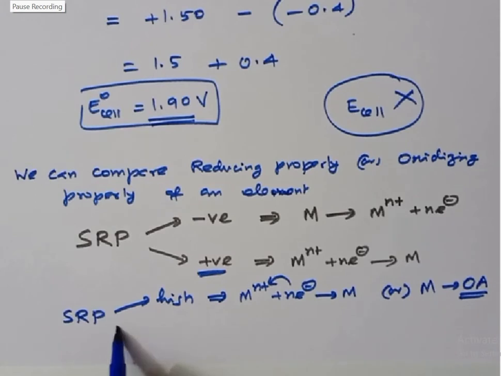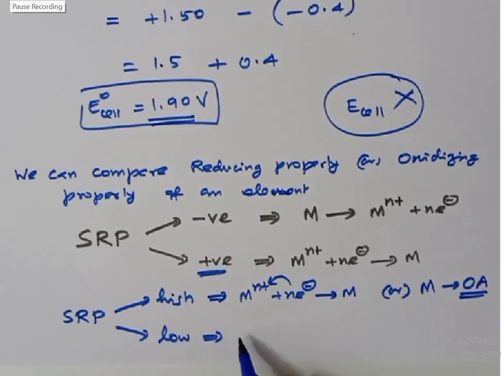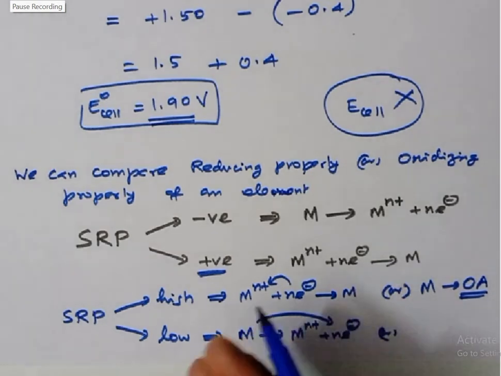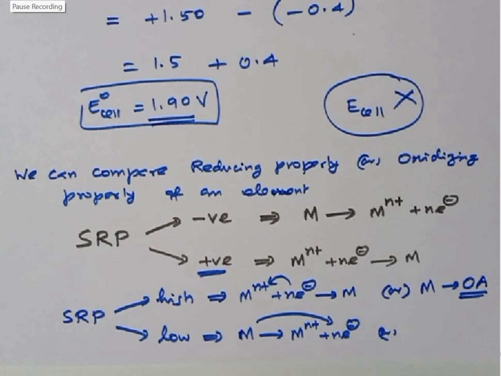Suppose SRP value is low, what does this indicate? It indicates that that metal undergoes oxidation readily. It means the metal can donate electrons. If the metal donates electrons to some other species, that species undergoes reduction.